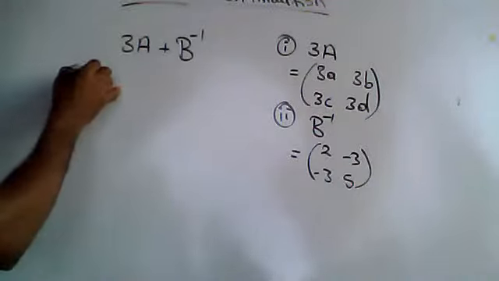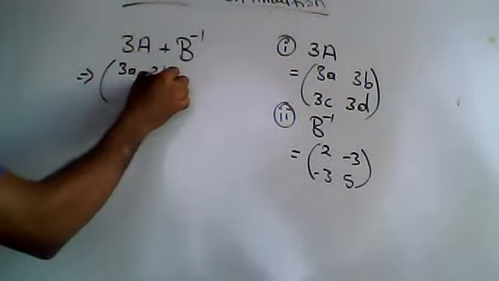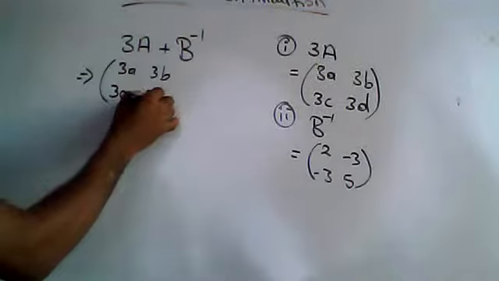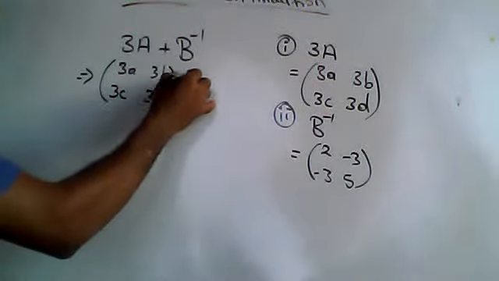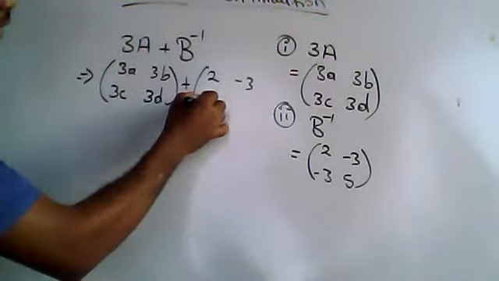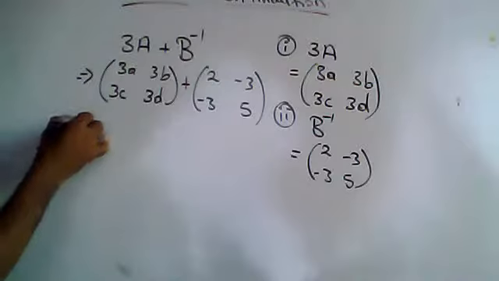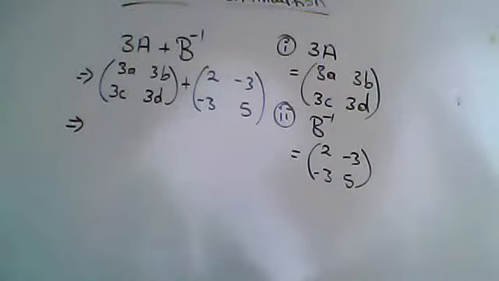Now 3A is 3a, 3b, 3c, 3d, plus B inverse, which is 2, minus 3, minus 3, and 5. So when we are adding matrices, we add the corresponding values.